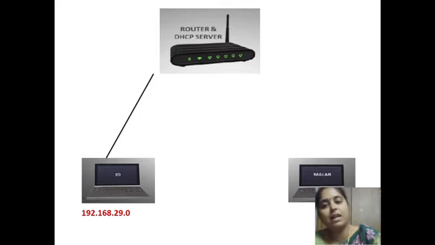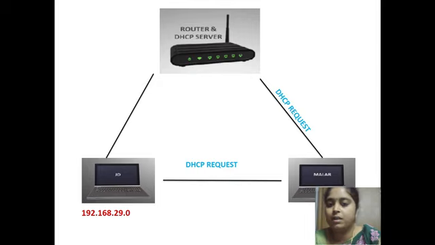Then I need to connect another device to that router. The second device sends a request to the first device and also the DHCP server, so that it allocates different IP addresses to the first device and the second device.